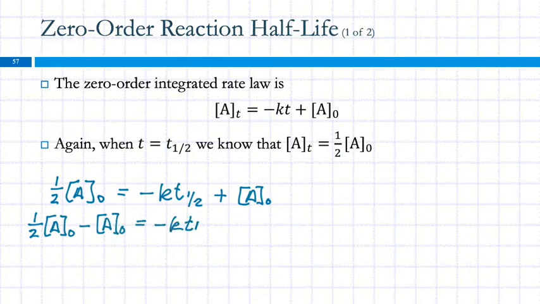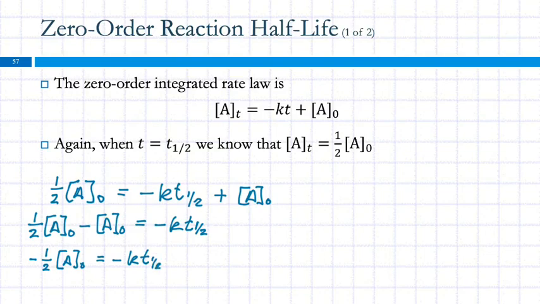There are multiple ways to do this, and then my brain is going in all directions at the same time. So what's 1/2 minus 1? Negative 1/2. So negative 1/2 A0 is equal to negative K T1/2.